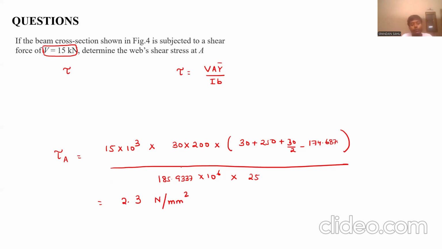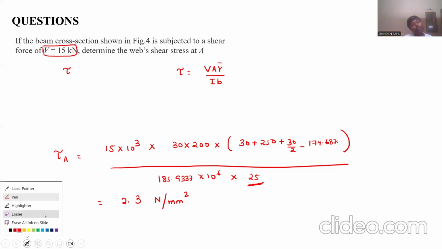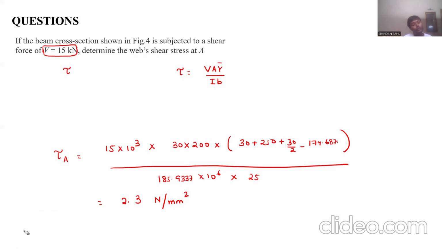Okay. You understood how to calculate and why I have taken B equal to 25, because they are asking to determine the web shear stress at A. If they would be asking the flange shear stress at A, then you just substitute the width of the flange, that will be 200 mm and not 25.